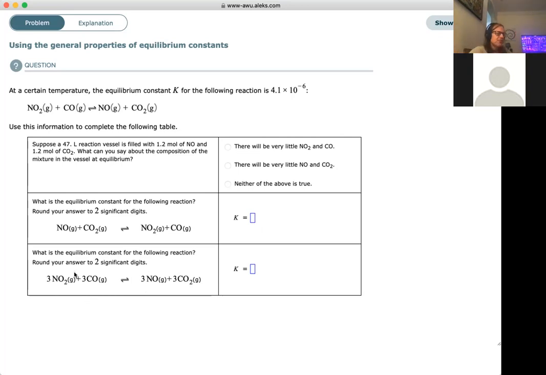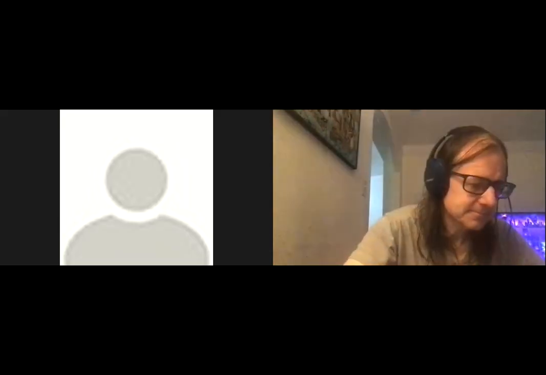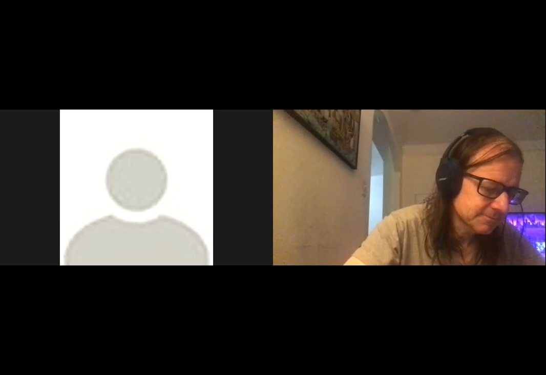Okay, so let me show you how to go about this one. It's kind of a fun question. It's a fun problem, actually. So I'm going to write the equation here. NO2. I won't put the states of matter just to save a little bit of time and space.